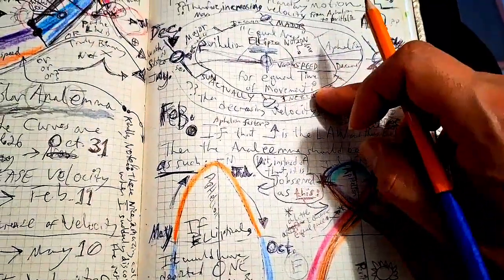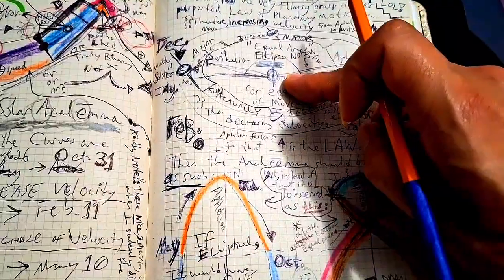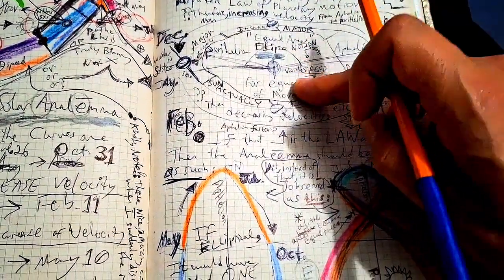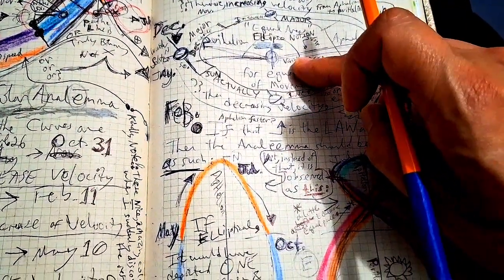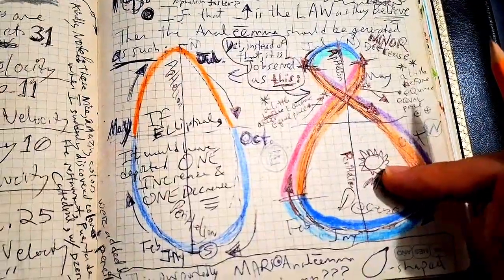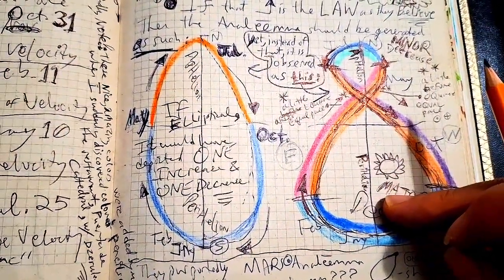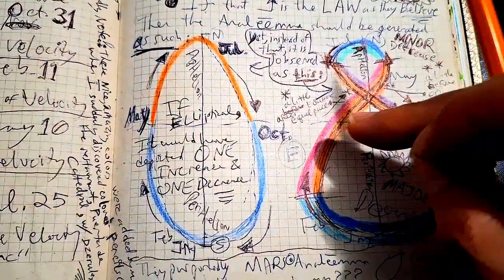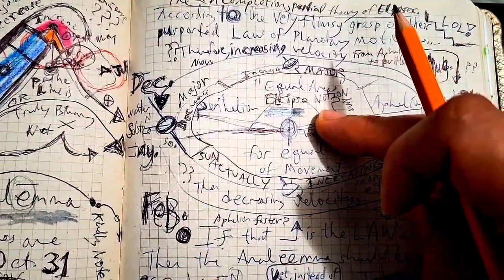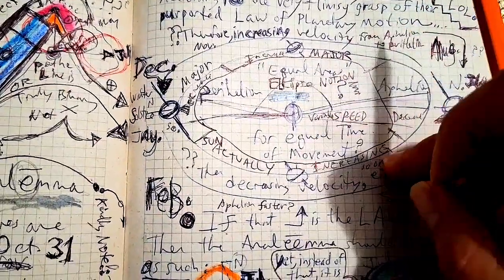That can't explain it. Because if the ellipse is one of the main factors in creating the ANALEMMA that can be observed from the Earth geocentrically, then it doesn't explain why it has 2 increases and 2 decreases. Because in the ellipse, there's only 1 increase and 1 decrease.